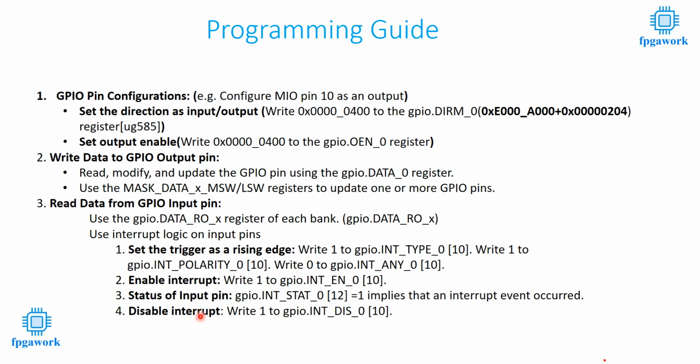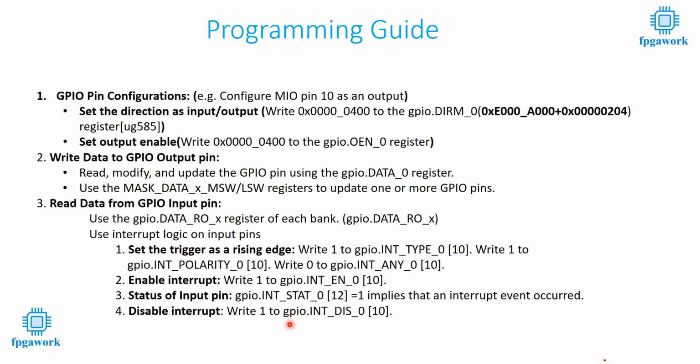After the desired functions are done, we can disable the interrupt by writing 1 to the interrupt disable register. Yeah, so we have a very good idea about GPIO and MIO.